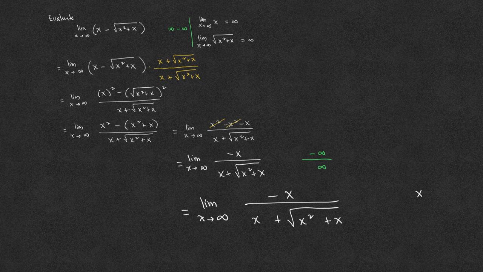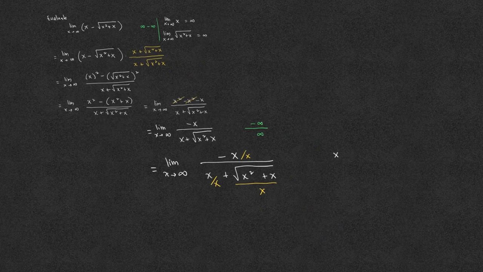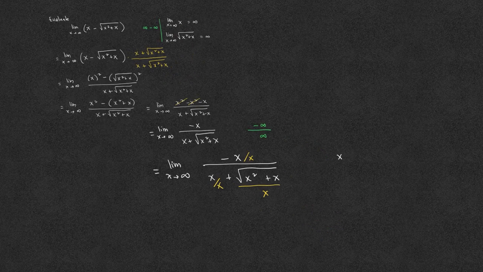We then divide every single term by x, or multiply by 1 over x. With the term that has the radical sign, we would rewrite x as the square root of x squared so that we can combine the radical.